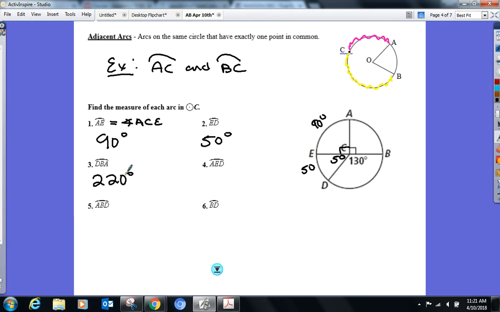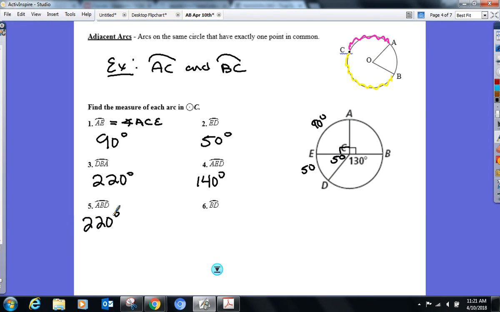Everyone all right? Will, let's go. Need somebody for 4. A, E, D. A to E to D. Follow the letters. 140. A, B, D. Need somebody. 220. It's the same as DBA, right? Same arc.